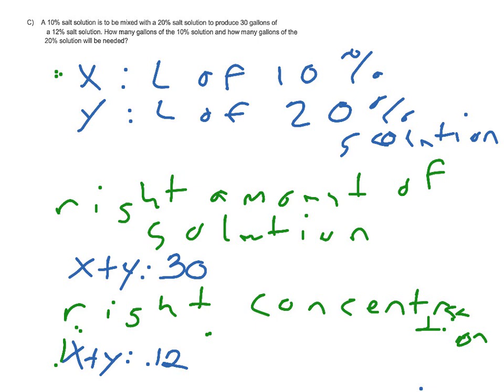Now the same thing happens for the y. How much salt is actually coming from y liters of the 20% solution? For example, if it was 5 liters of the 20% solution, how much salt would be coming from that? 1.